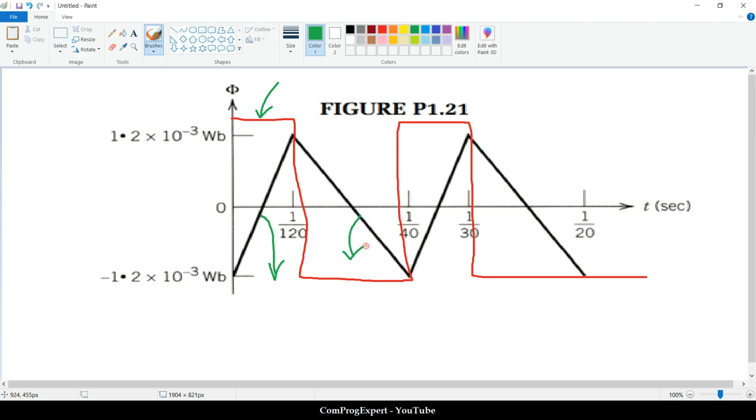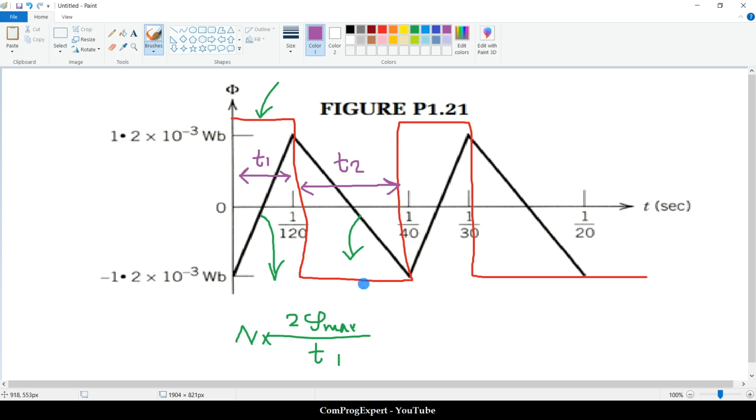The slope of this line and this line. Here the slope is positive and here the slope is negative. So here the value is N times 2 times phi max divided by the time span T1. This is the T1 and this is the T2.